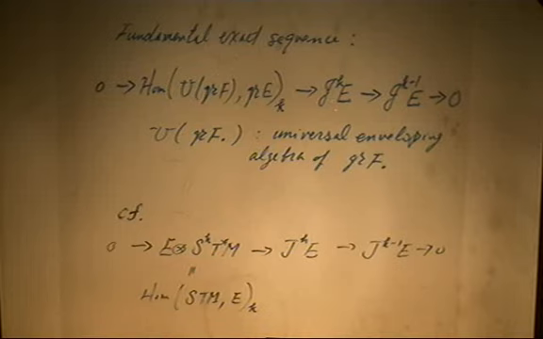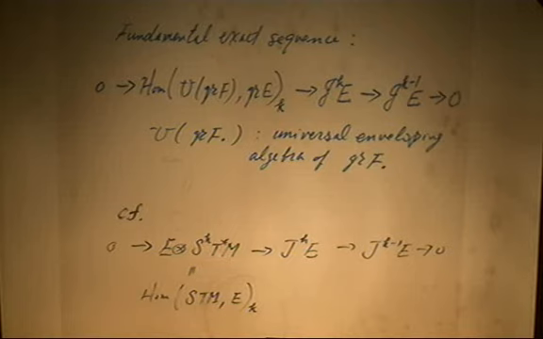This is very parallel to the well-known exact sequence for the usual jet bundles. In that case, the kernel is, as is well known, the symmetric tensor product of the cotangent bundle.